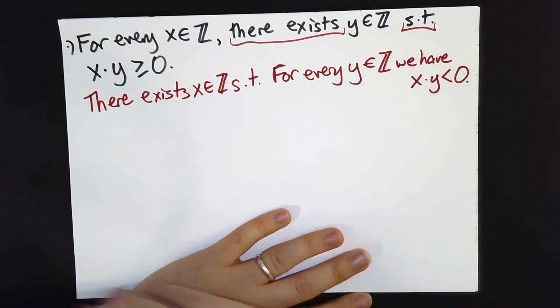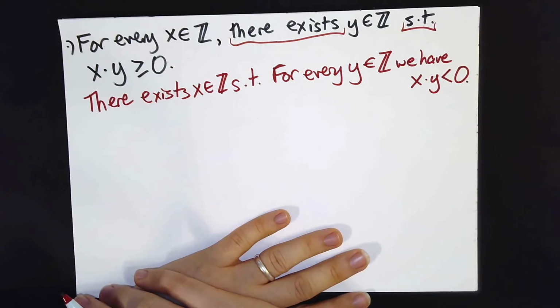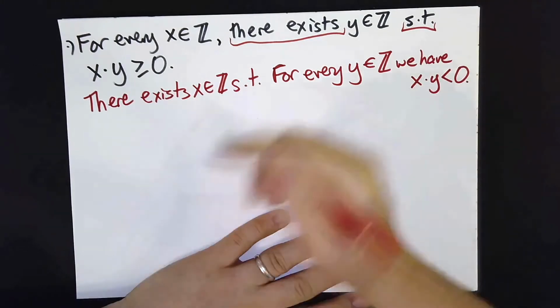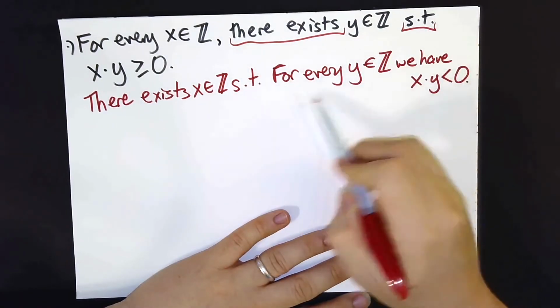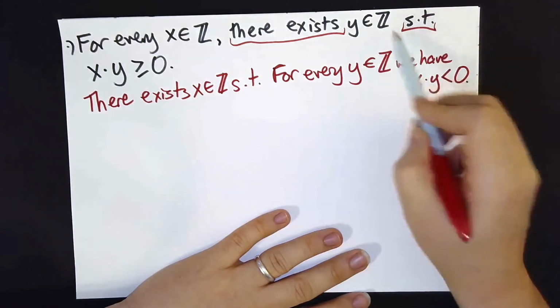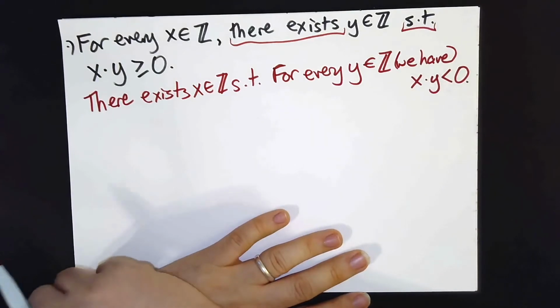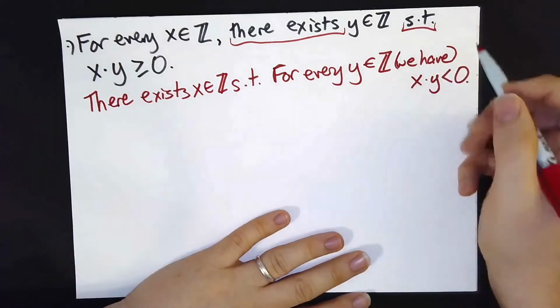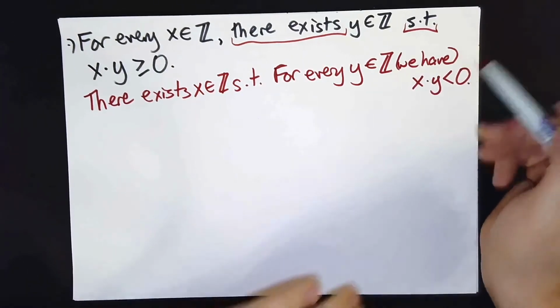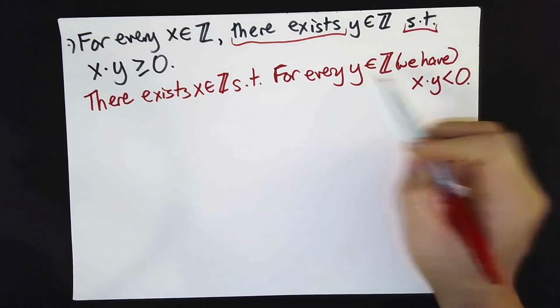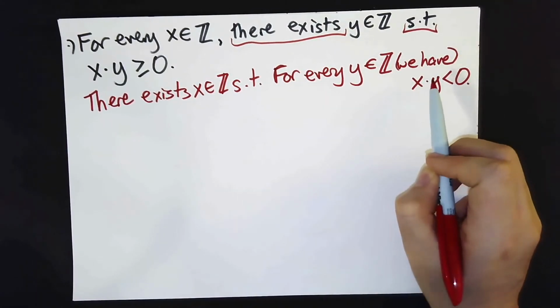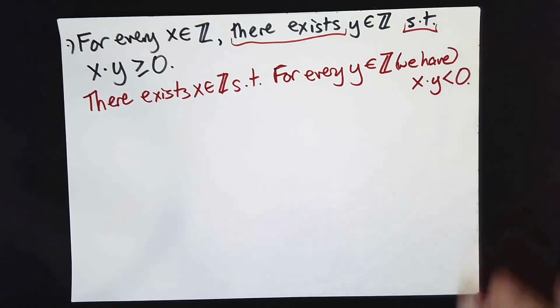But that can still read a little awkward. So if you want a phrase to pair with for every, in the way that such that pairs with there exists, the phrase we have is just a good standby to put there. It's sort of filler words, really, to separate these two equations from each other to make this read a little bit better.